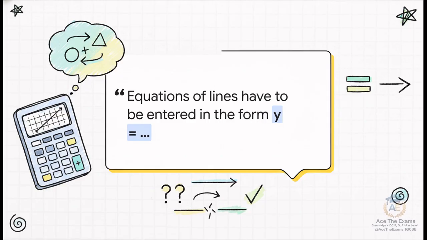It literally cannot solve an equation formatted like 2x minus 3y equals 9. Before you even touch the keypad, you have to use a little algebra to rearrange it and make y the subject. So 2x minus 3y equals 9 becomes y equals 2/3 x minus 3. Once you get it into that y equals format, you're golden. Don't let a simple lack of rearranging steal your easy marks.